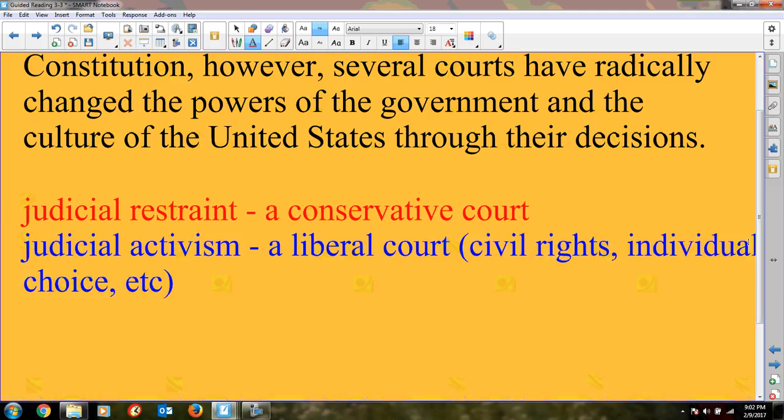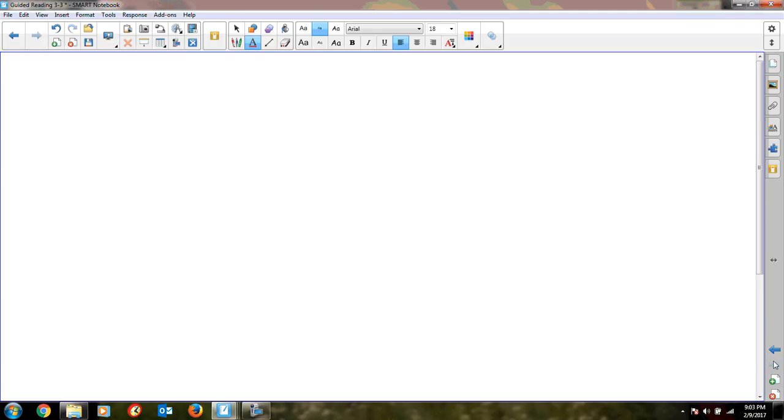Whereas a judicially active court will say their decision, but then go further. That going further, that written document becomes law. And this is the way we changed civil rights, individual choice, and the judicially active courts of the 50s and 60s radically changed our Constitution.